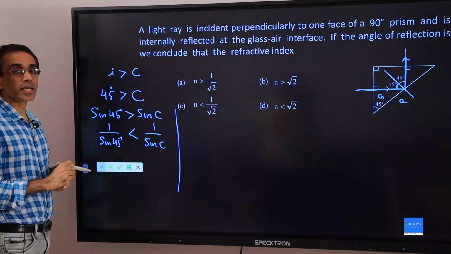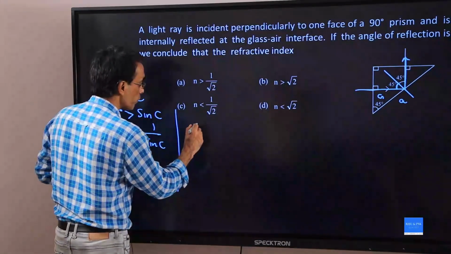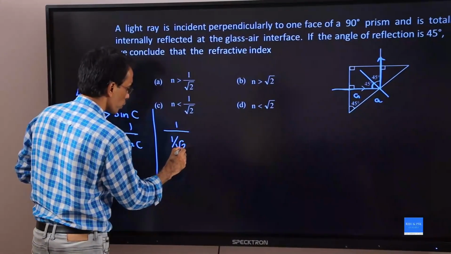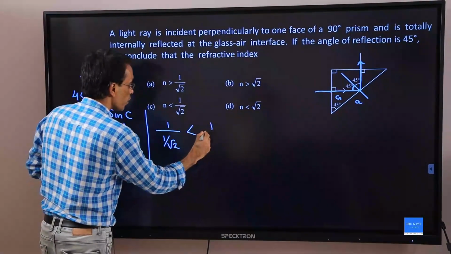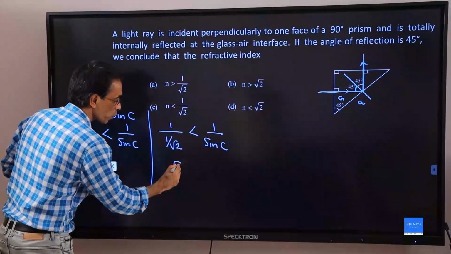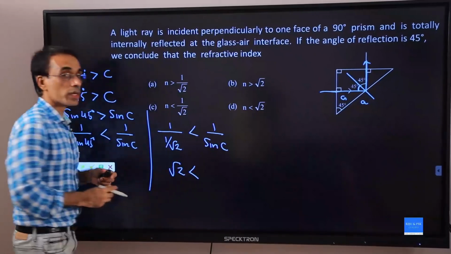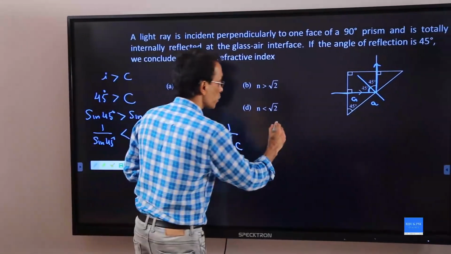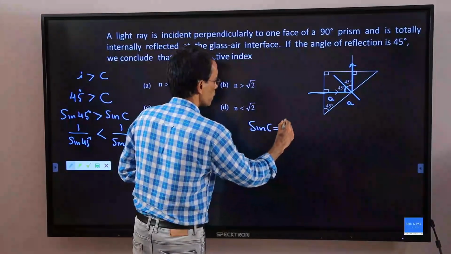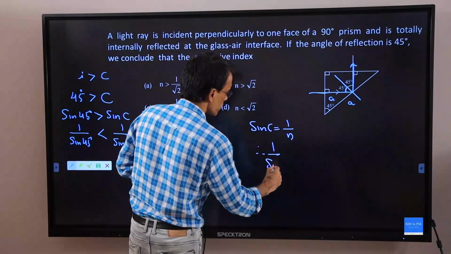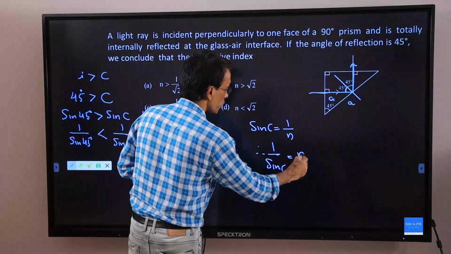What is 1 by sine 45 degree? Sine 45 is 1 by root 2. So that is 1 divided by 1 by root 2 should be less than 1 by sine C. And this is nothing but root 2 must be less than 1 by sine C. Sine C is equal to 1 by n, therefore 1 by sine C should be equal to n.